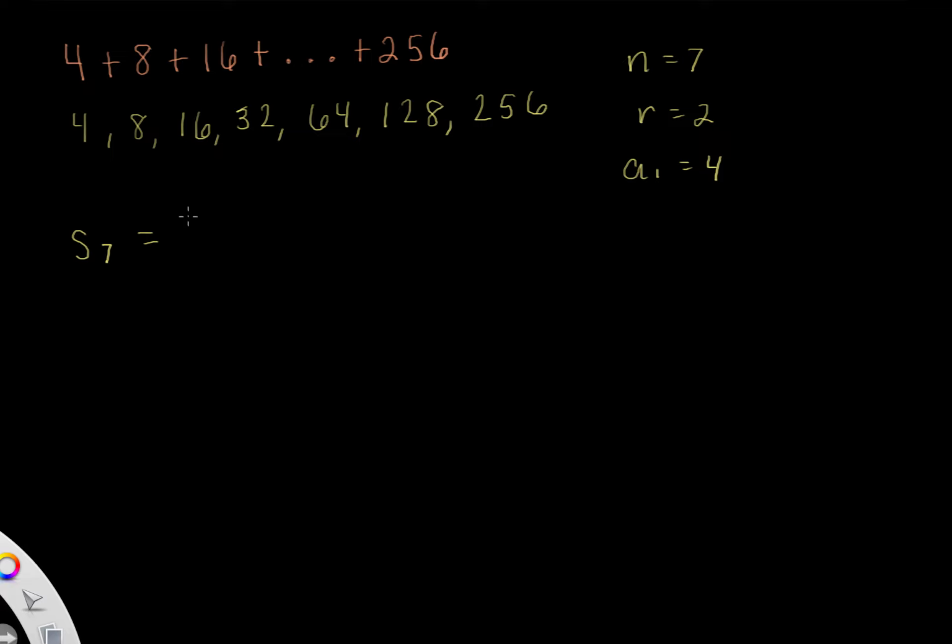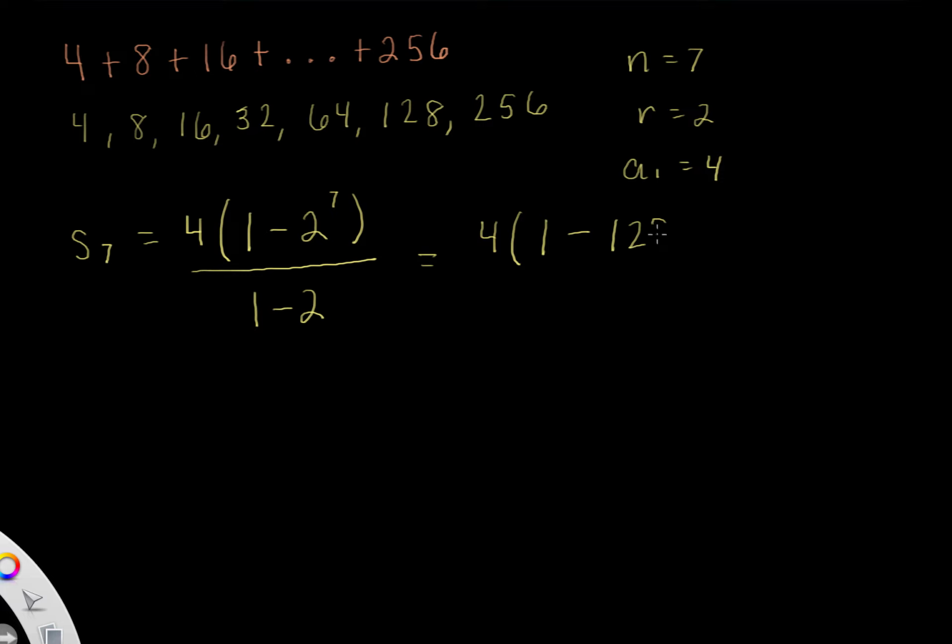when the first term is 4, and the common ratio is 2, to the 7th power divided by 1 minus 2. That's going to give us 4 times 1 minus 128 divided by negative 1.